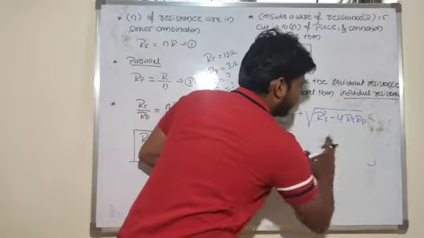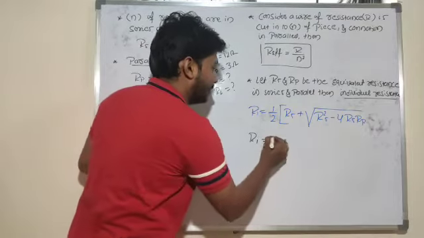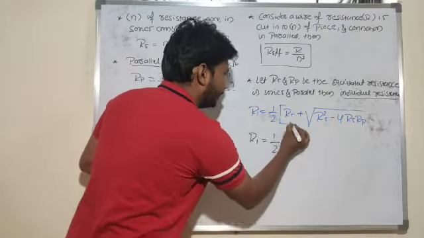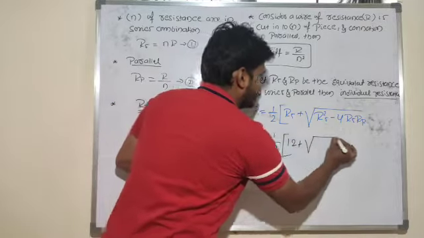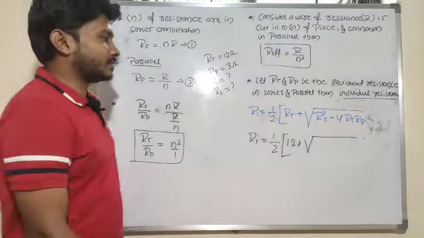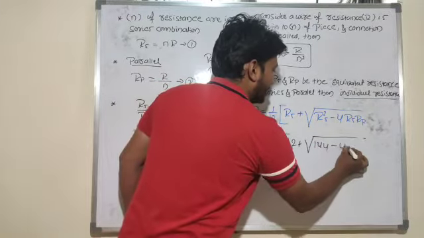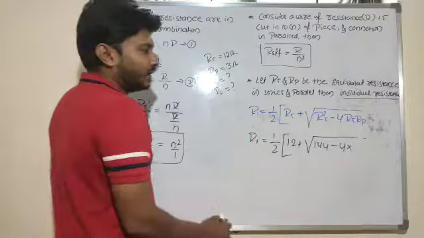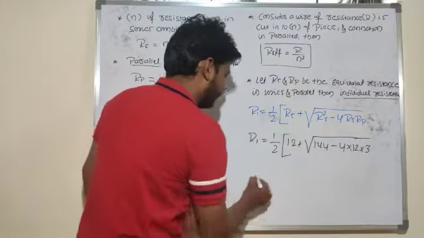So look at here, R of S value and R of P value they mention, 1 by 2. R of S value is how much? That is 12. So square root of R square of S, so 12 square means 144, minus 4 into R of S value 12, R of P value 3.